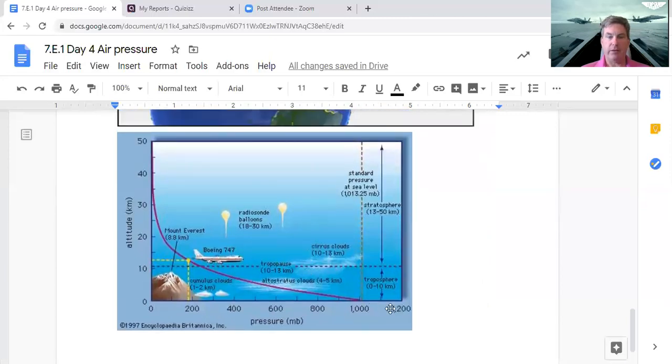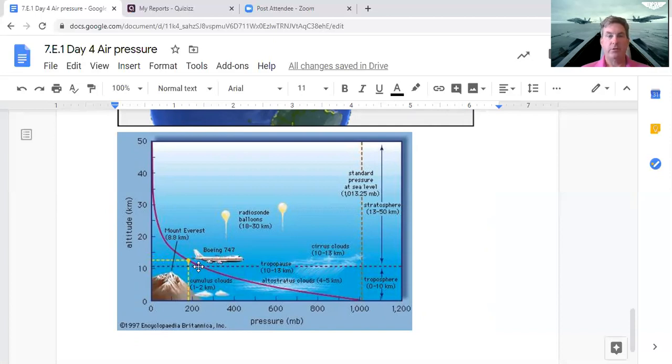Here's another way of laying it out. Down here in the troposphere, where all the weather takes place, standard pressure is somewhere around 1,000 millibars. There's that metric system of measurement. As you go up, here comes your pressure drop. By the time you hit 10 kilometers, the end of the tropopause or so, your pressure's down to 230, 240 millibars.